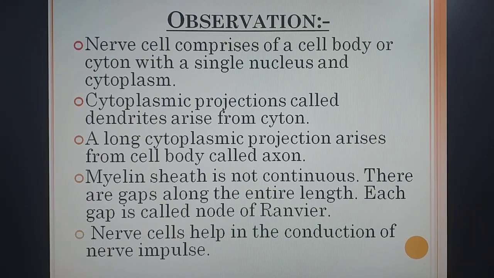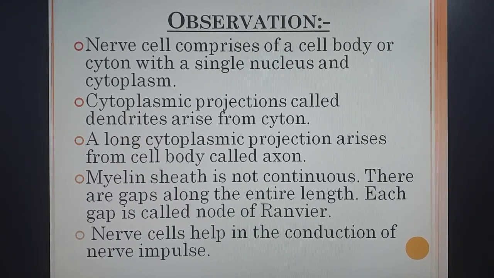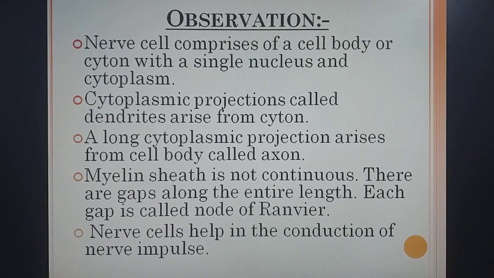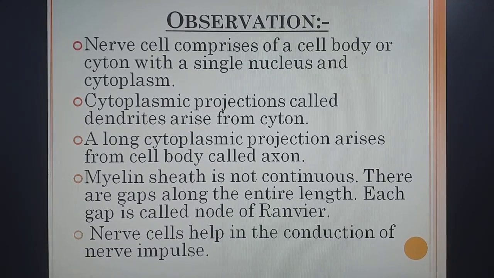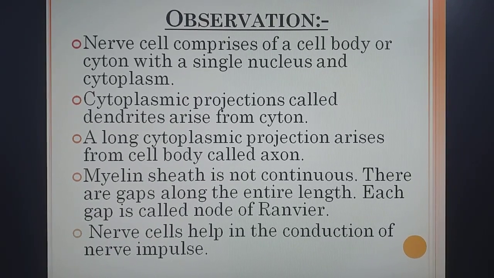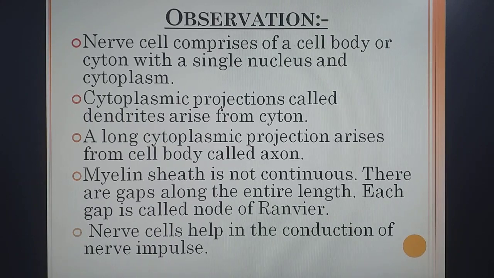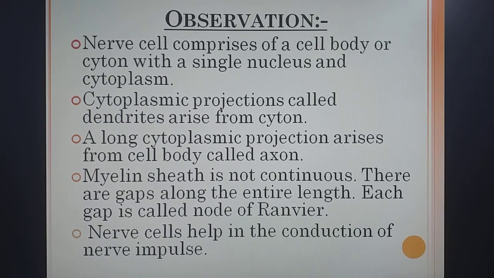The myelin sheath which covers the axon is not continuous. So you will write that the myelin sheath is not continuous and there are gaps along the entire length. You will find a constriction of this myelin sheath, and there you will find the gap, and each gap is known as a node of Ranvier.